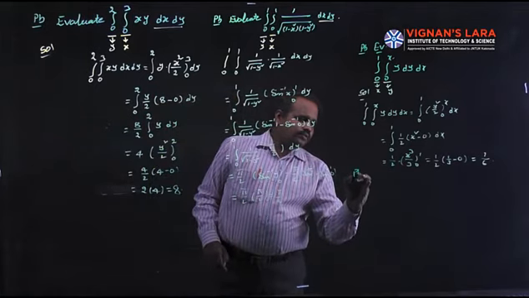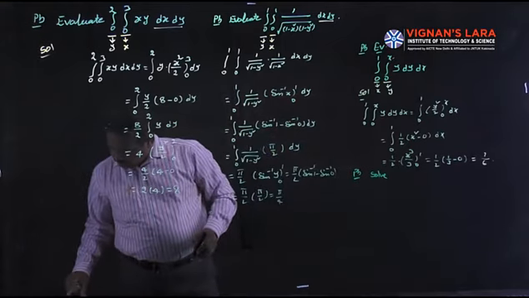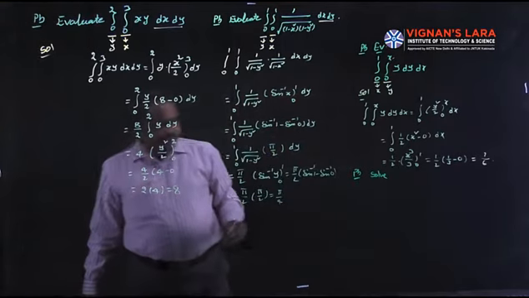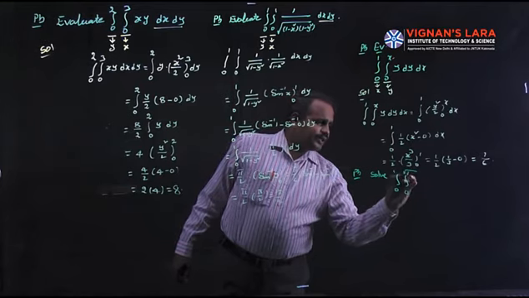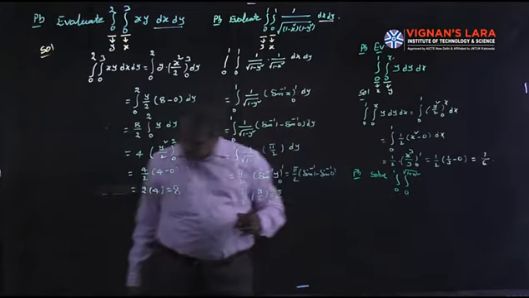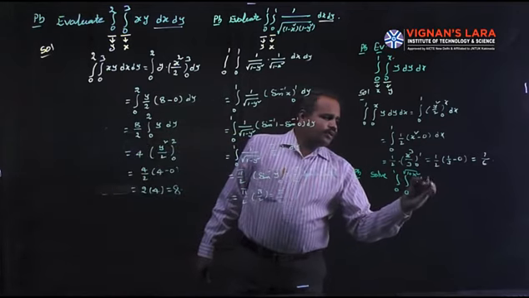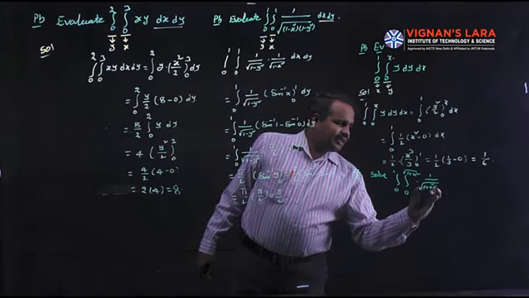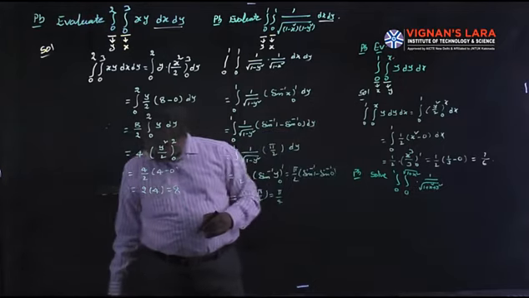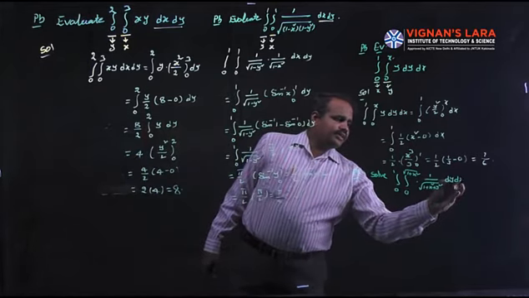Solve the integral 0 to 1, integral 0 to under root of 1 plus x square, of 1 by root 1 plus x square plus y square, dy dx.